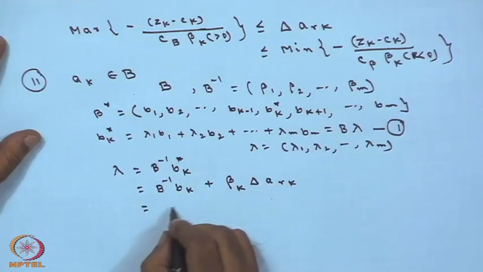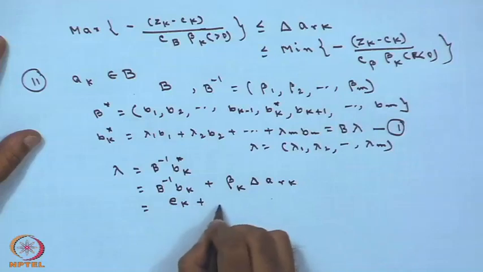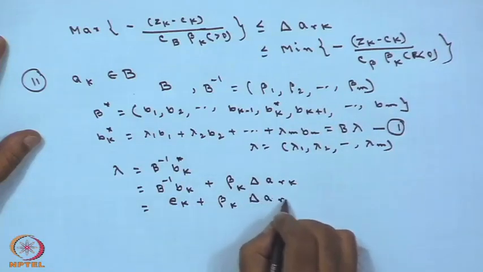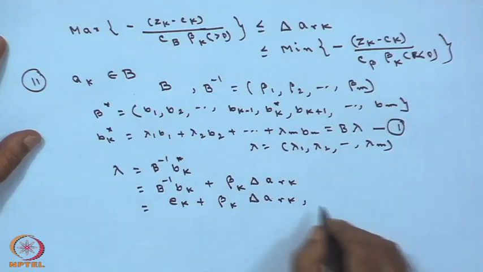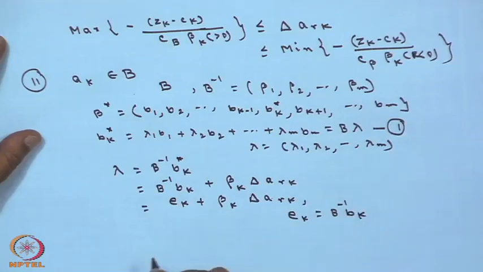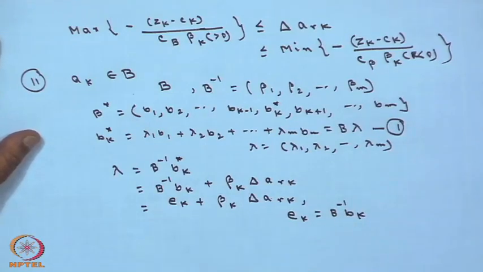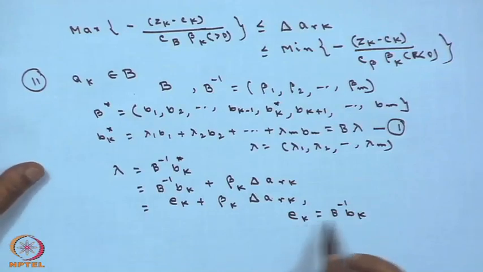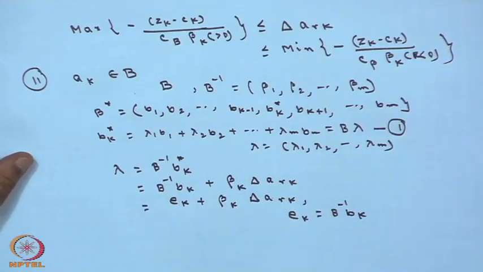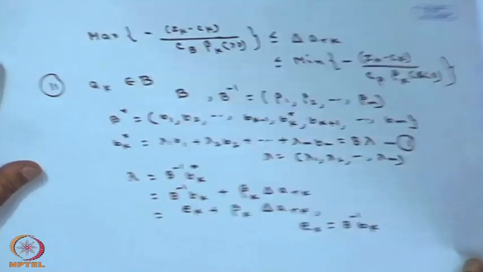This I can write as E k plus beta k delta A r k, where your E k is nothing but B inverse B k, a unit vector whose kth element is 1, others are 0. So, basically if you see, E k is the unit vector, because B inverse into B k has kth element 1, all others 0.